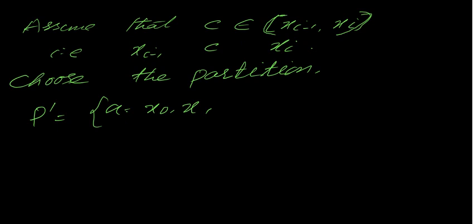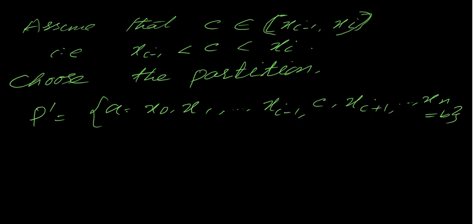Next after x_{i-1} you choose c, then you have x_i, then xn, which is equal to b. Obviously this partition P' is a refinement of P, so P is a subset of P'.